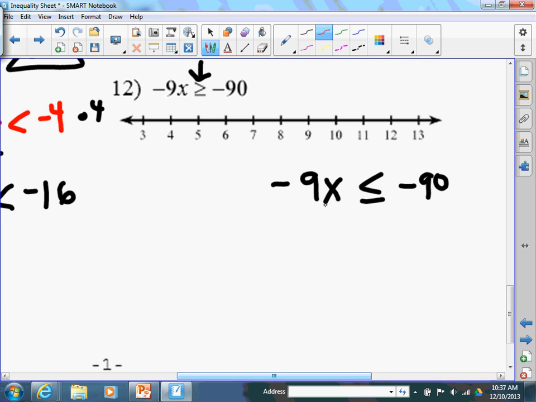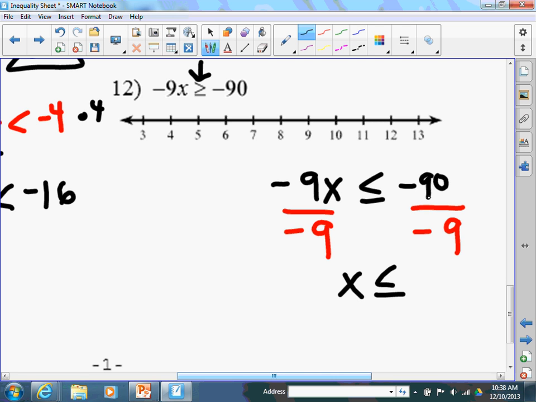Try your T. Then what do I do? Divide by what? By negative 9. The number stays the same. It's the operation that we change. So we get x is less than or equal to 10. So we go to 10, open or closed, shade right or left.